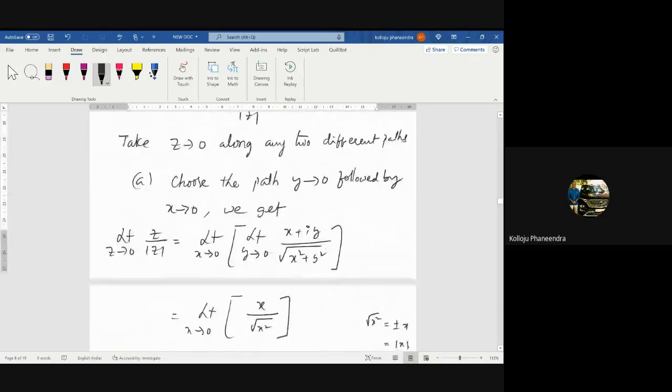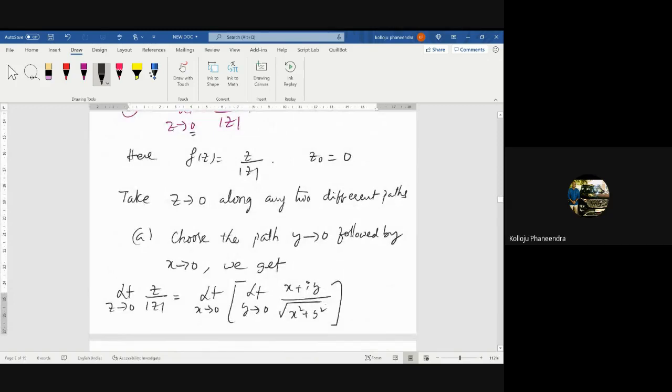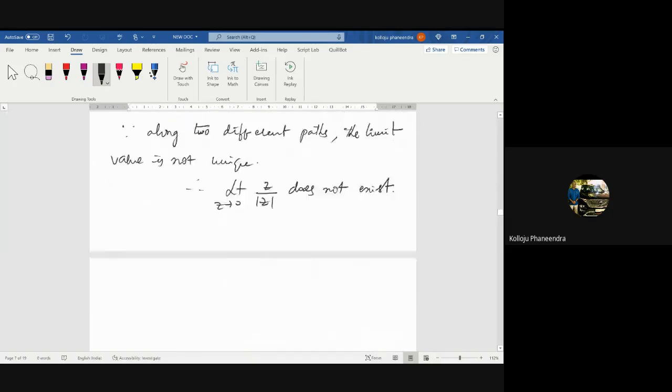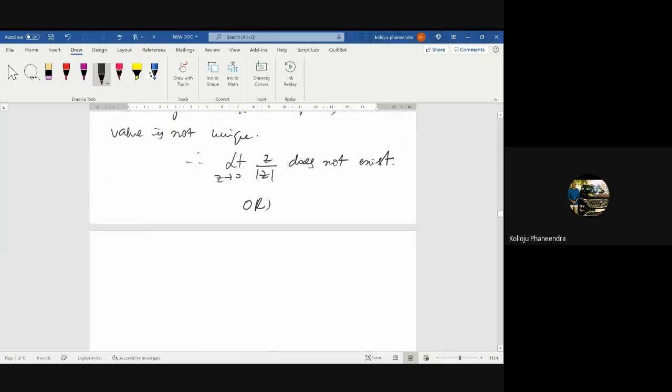This is one model problem. Any doubts in this one? Along any paths, you can also take y equal to mx. I will tell one more.